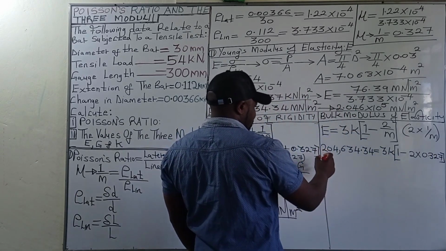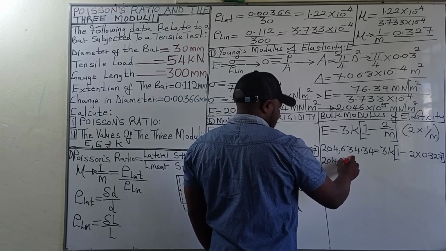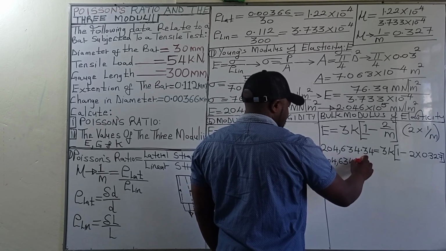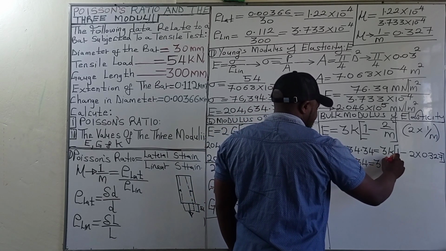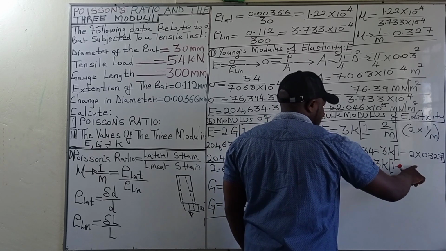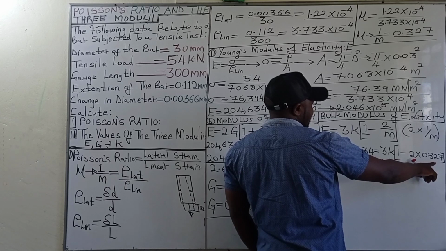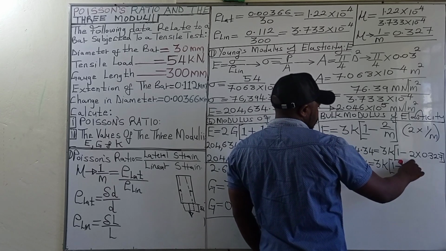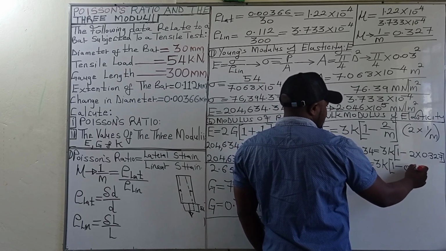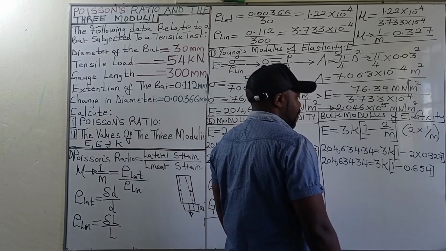So this is going to be 204,634.34 being equal to 3K into 1 minus 2 times 0.327, which happens to be 0.654.